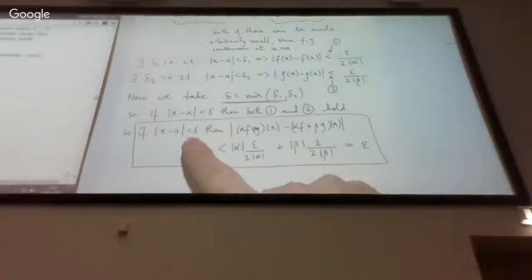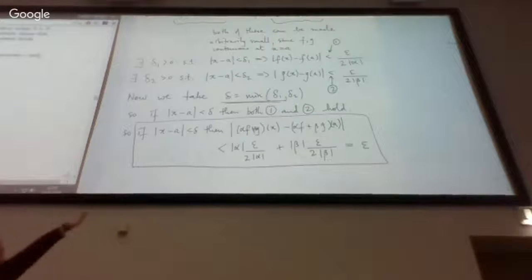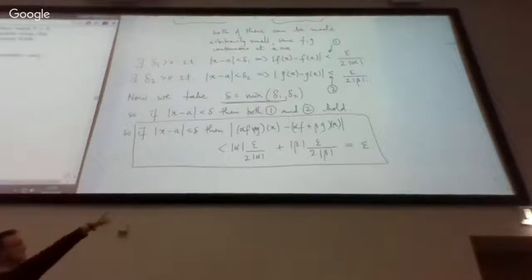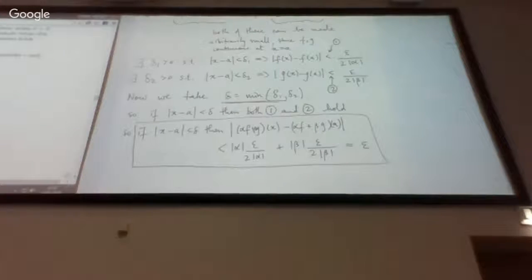If |x − a| is less than delta, then the absolute value of the difference of the function at x and the function at a is strictly less than epsilon. And that's exactly what the formal definition says there. The absolute value of the function evaluated at x minus the function evaluated at a is strictly less than epsilon.